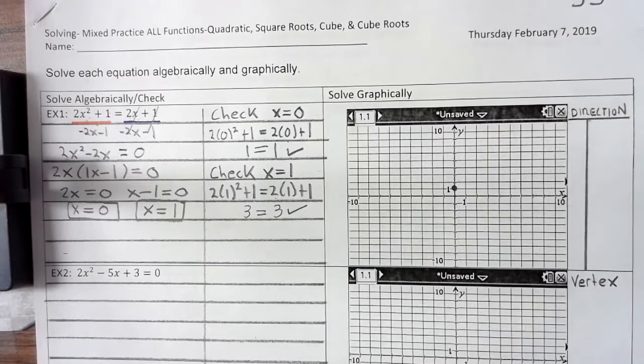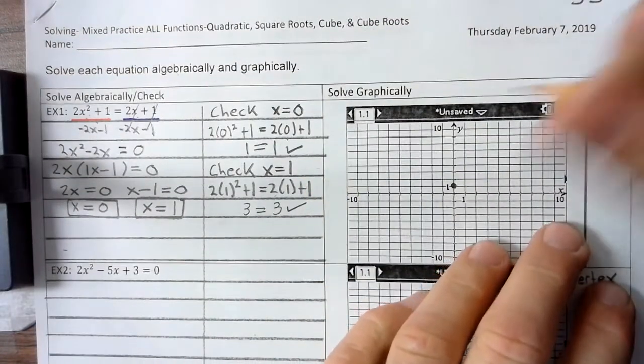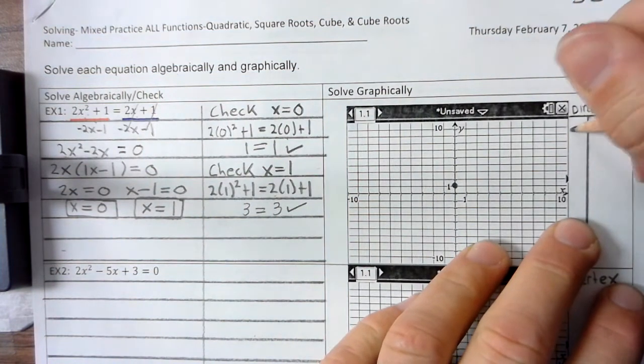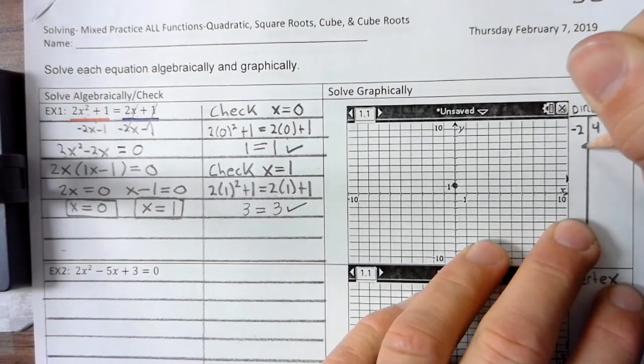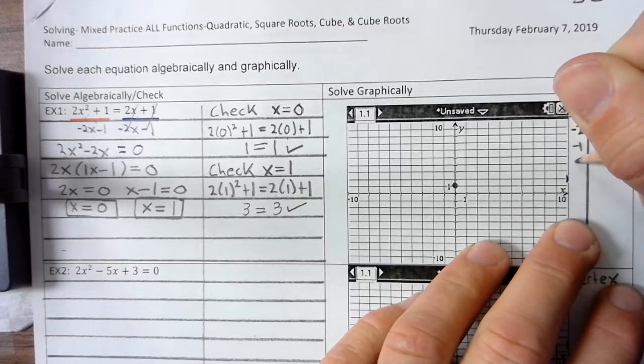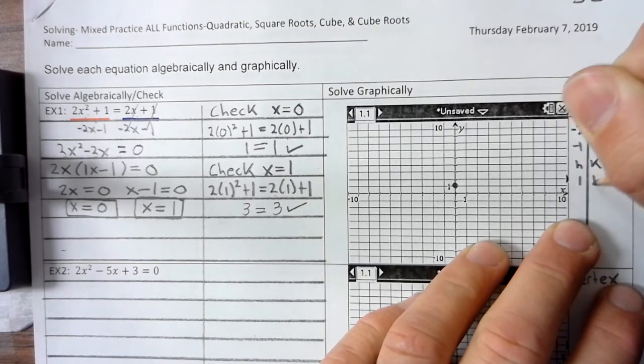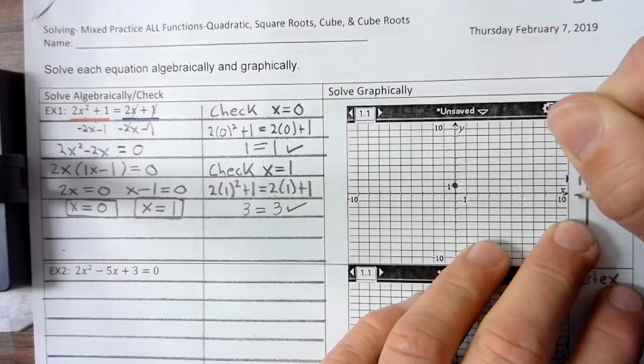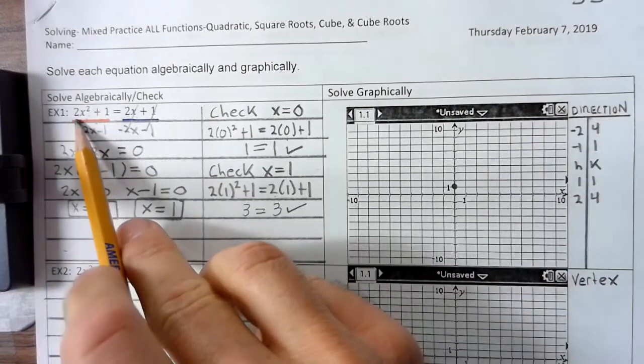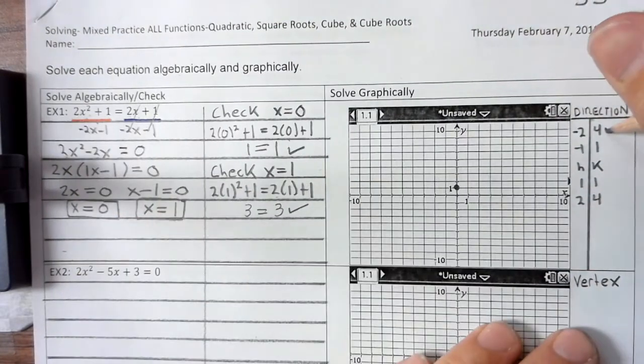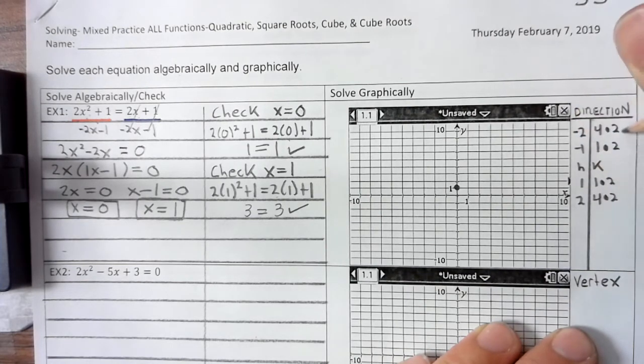Okay, so now we graph by direction. Now we know for a quadratic the directions are 2, 4, 1, 1, h, k, 1, 1, and 2, 4. But we also see that we're multiplying by 2, so that's times 2. So that's 8, 2, 2, 8.